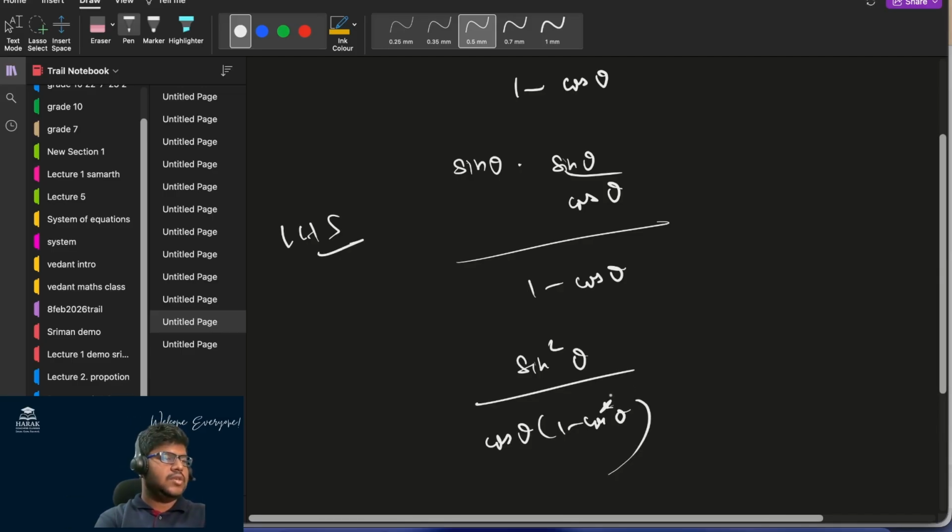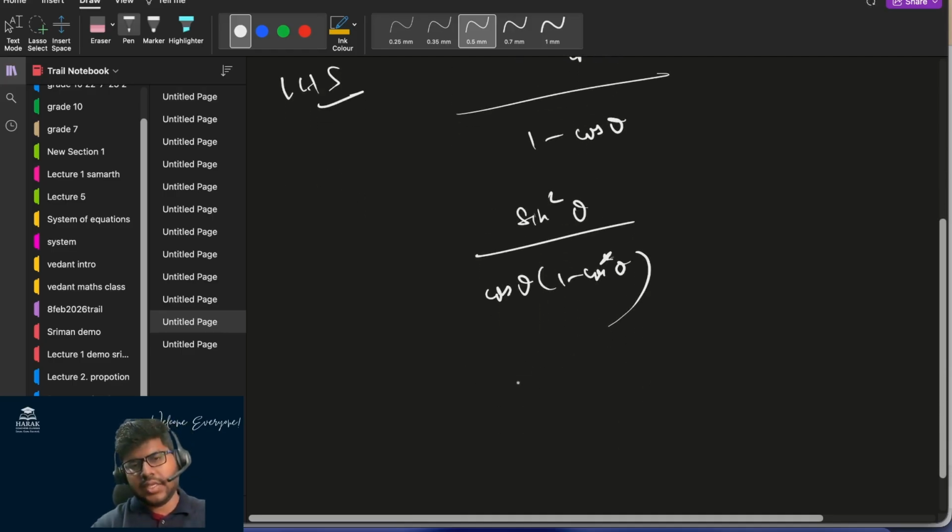For sine square theta, I can write it as 1 minus cos square theta over cos theta times (1 minus cos theta).